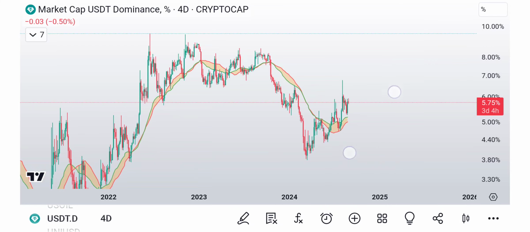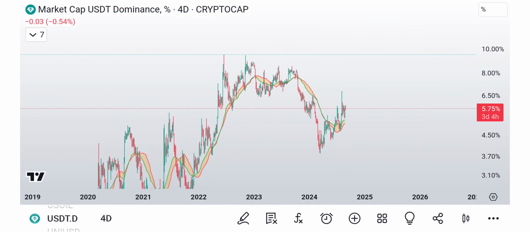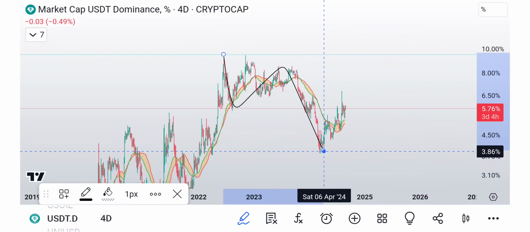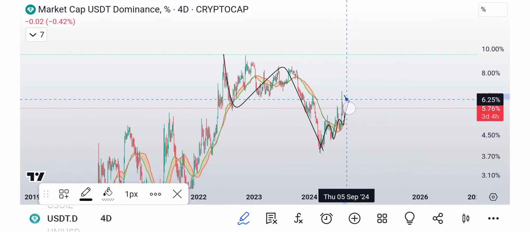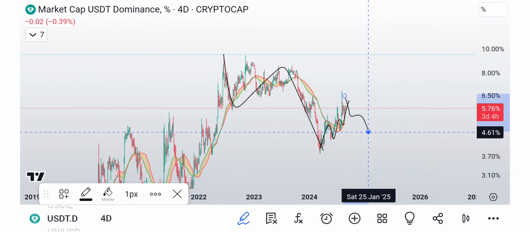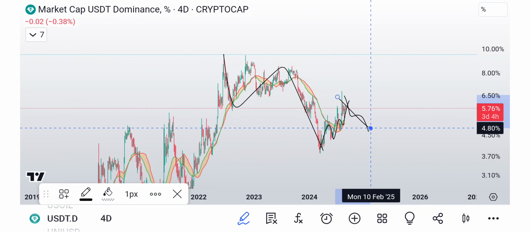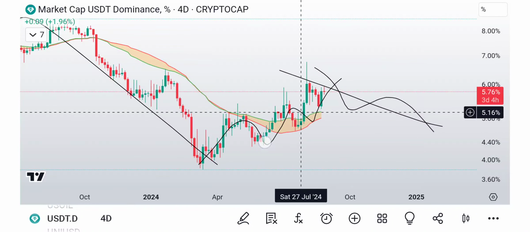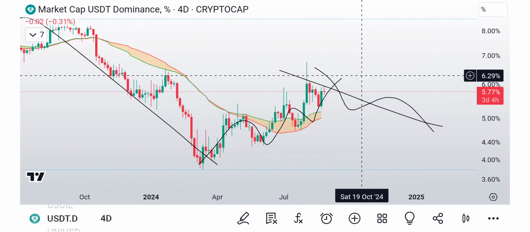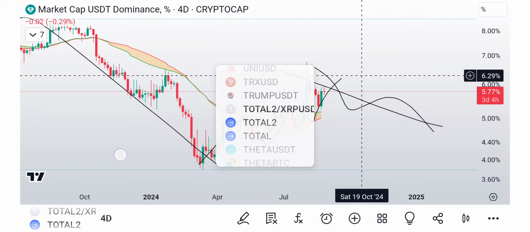It looks to me like this is a 3-wave move, and then we had 1, 2, 3, 4, 5, a diagonal. So then we want to see an ABC pullback. So we still have some downside to go here on USDT, but that's bullish for Tether, bearish for the rest of the market.